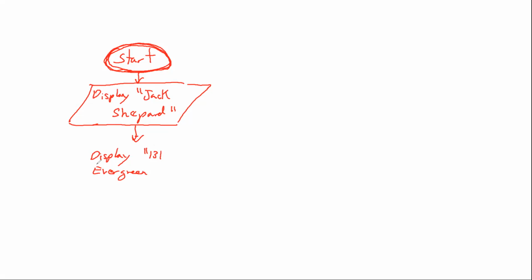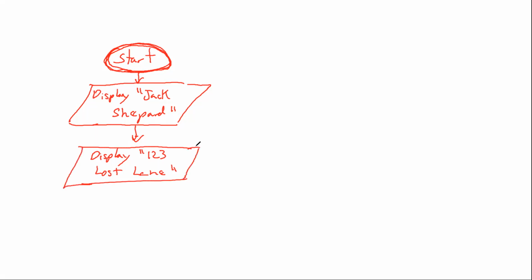Or let's just use the one in the book, to be consistent. In the book, it is 123 Lost Lane. It's even funnier. So that's another parallelogram.